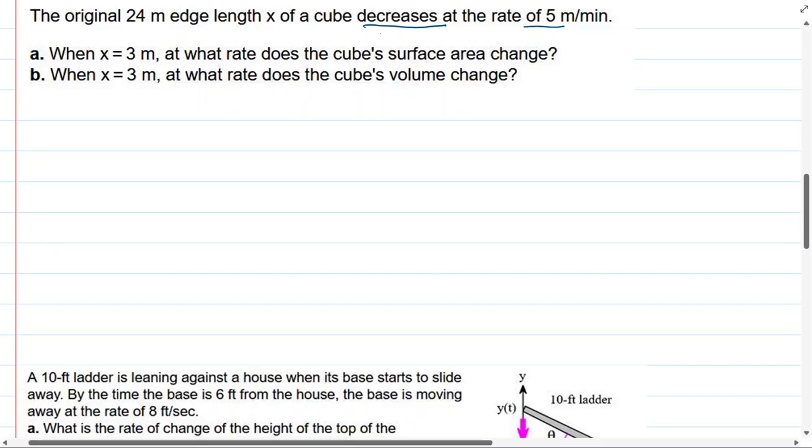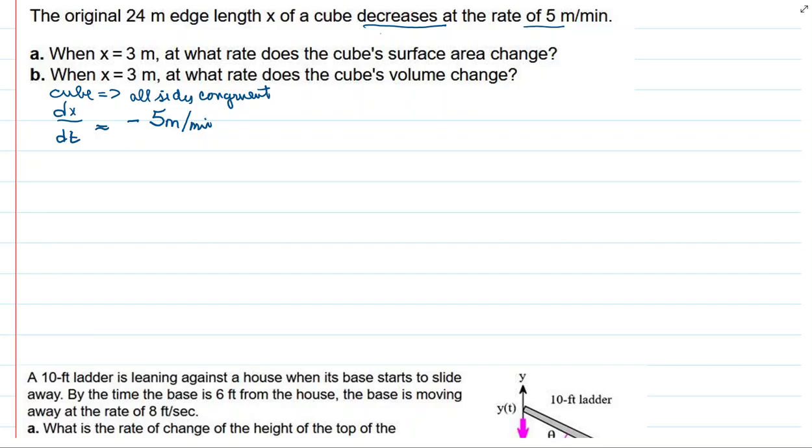So this decrease is on, let's see, the length. And a cube means all sides are congruent. In geometry, we use the word congruent. If you write on your notes equal, that is okay with me.